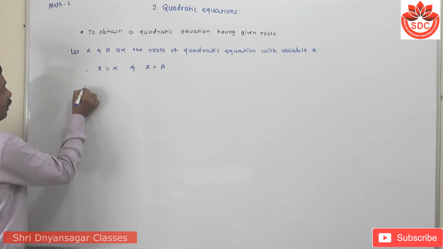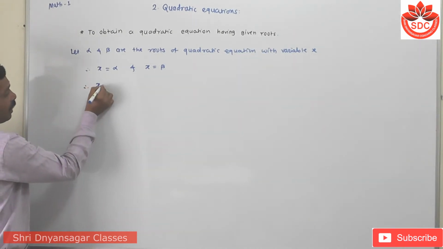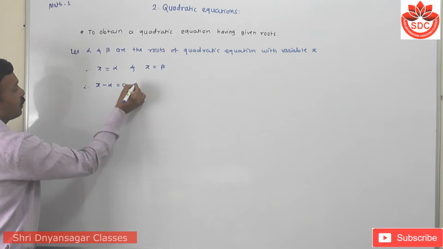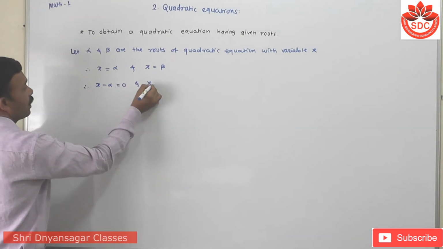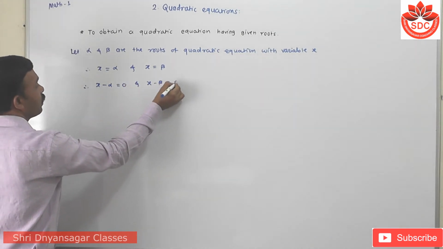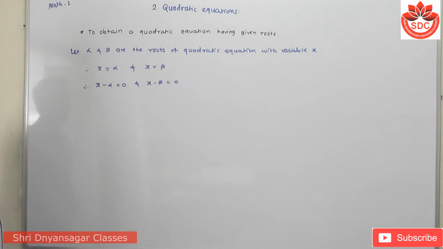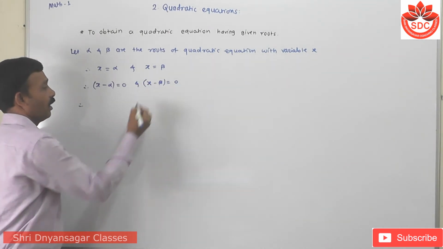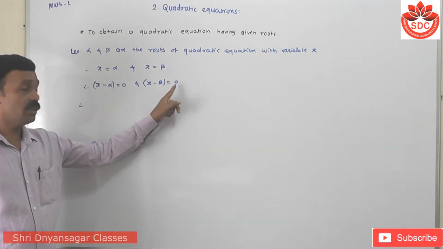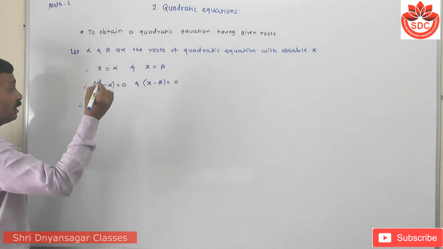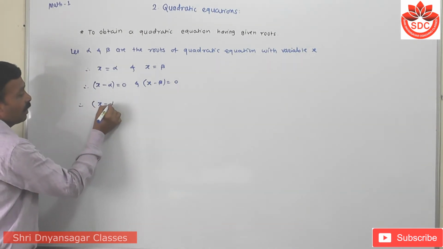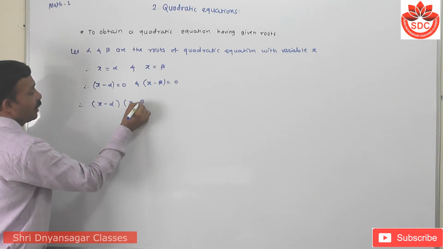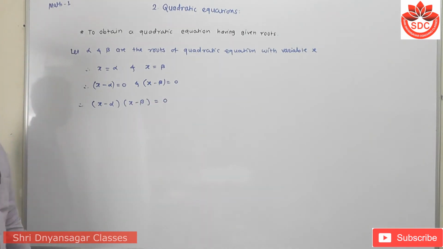Therefore we write x minus alpha is equal to 0 and x minus beta is also equal to 0. Now students look here, if the product of two terms is 0, then by this property we write x minus alpha into x minus beta is equal to 0.